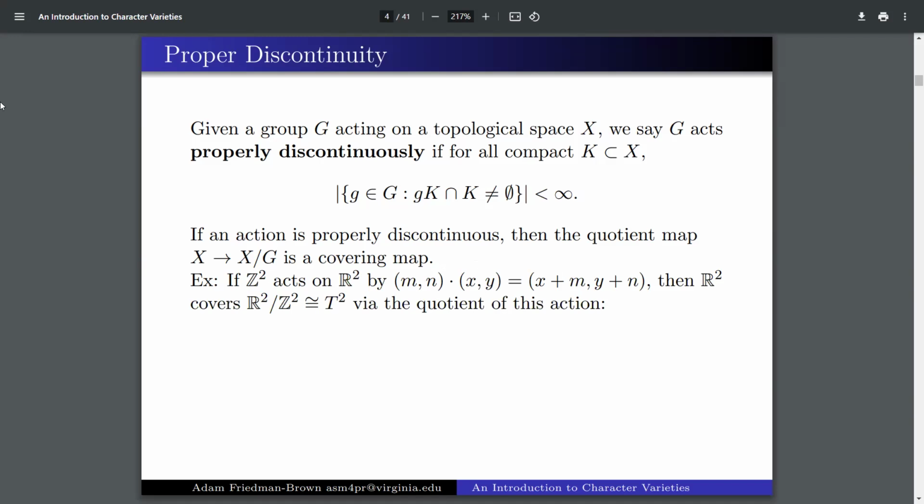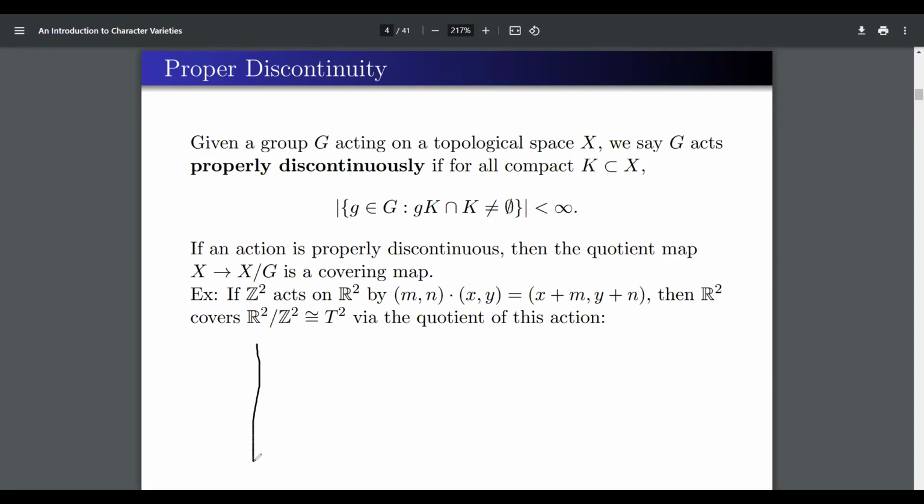And let me draw that out for a sec. All right, so let's say we have R2, which looks something like this. And here are some dotted lines for the integer coordinates. It's going to be a very rough drawing.